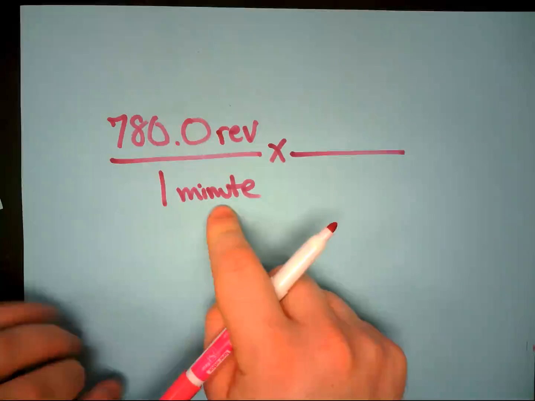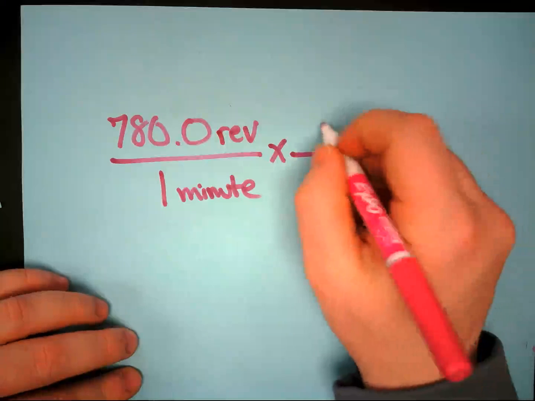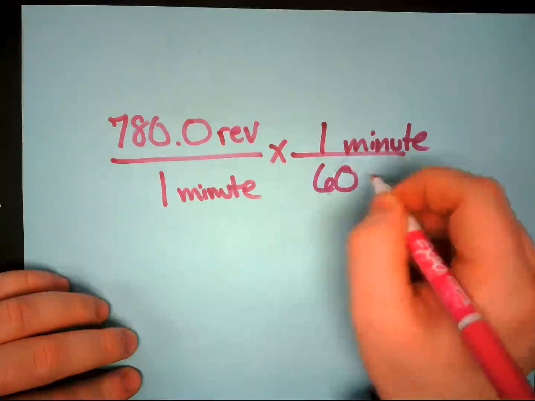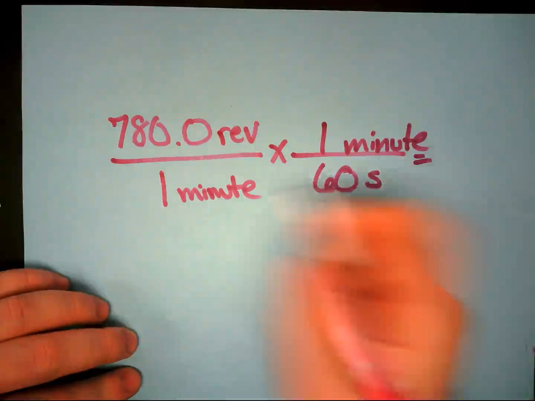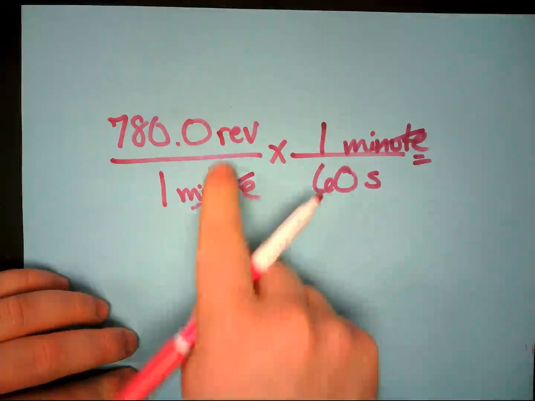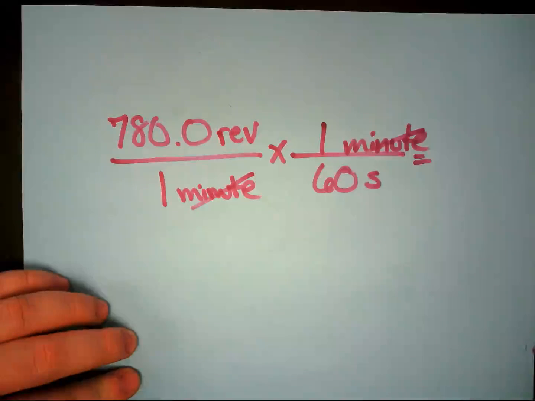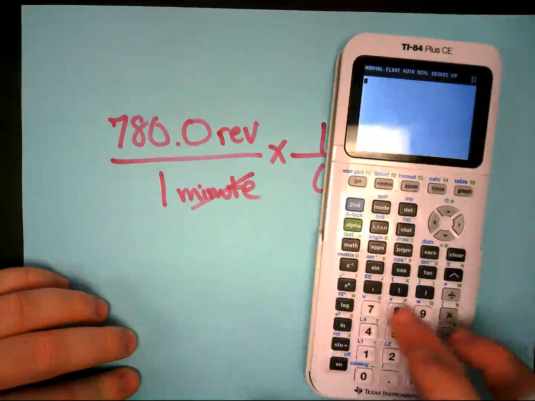We've got to change this into seconds. In order to get rid of this, we're going to put these units up top. So in 1 minute we've got 60 seconds. Minutes cancel out, and we're left with seconds. 780 divided by 60 seconds will tell us how many revolutions there are in 1 second.